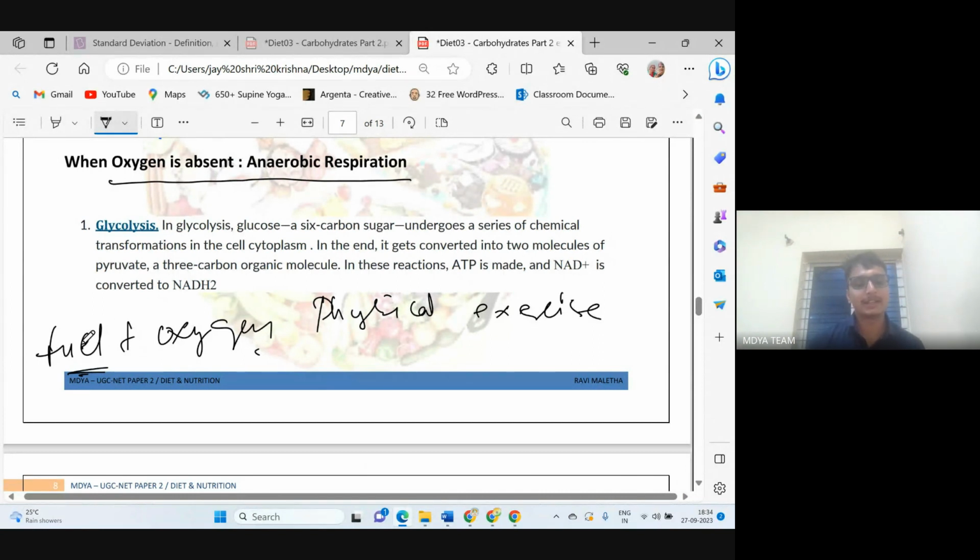We have our meal 3 times a day: breakfast, lunch, dinner. Everyone is focusing on this fuel, but in yoga we also focus on oxygen. We have to increase our various lung capacities, so that oxygen also remains in our body, even in episodes of exertion, even in heavy physical exercises.